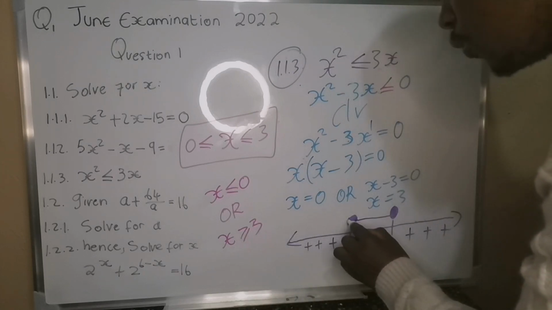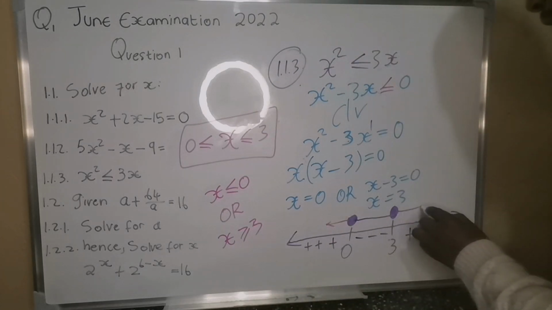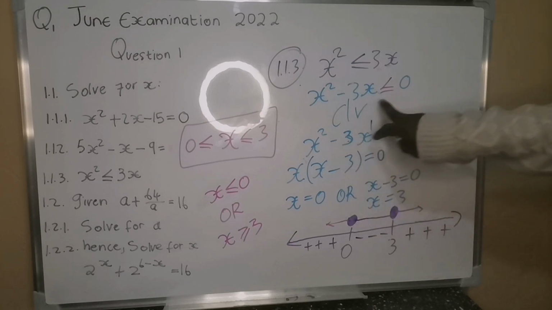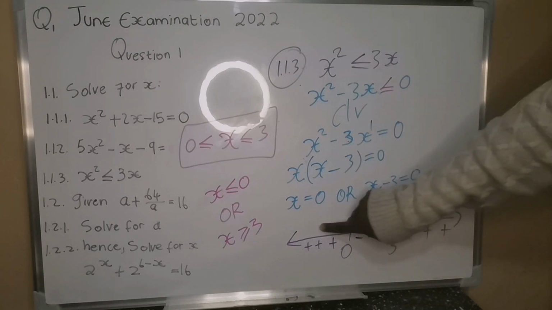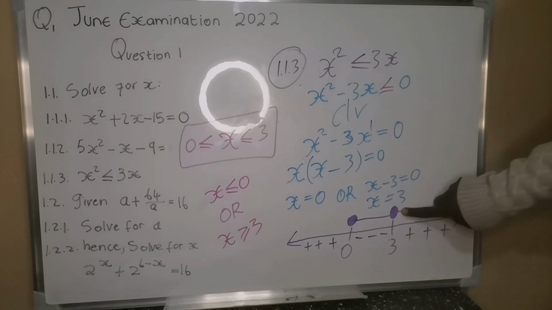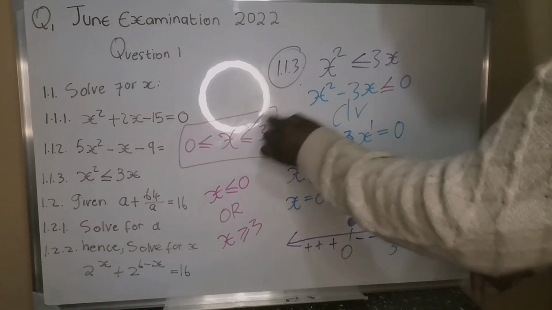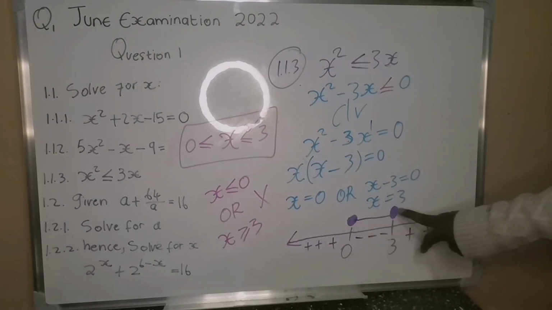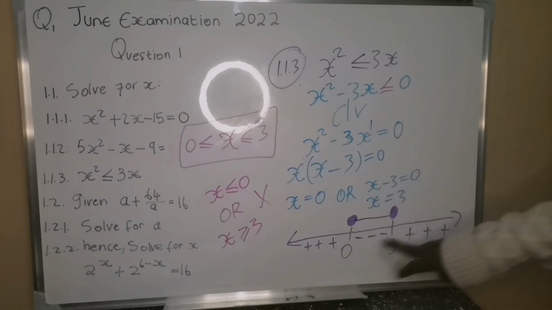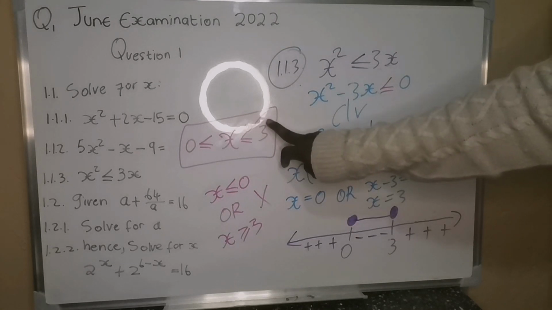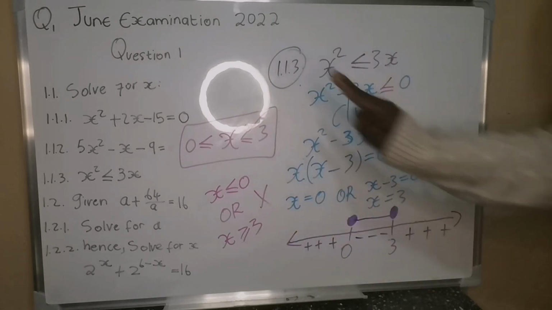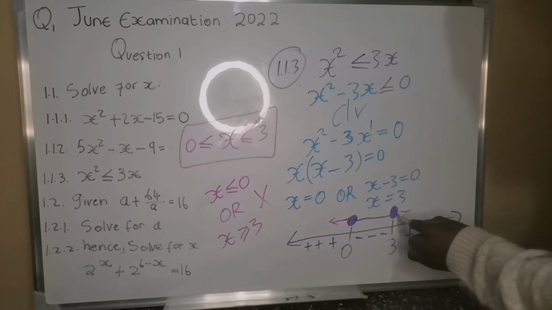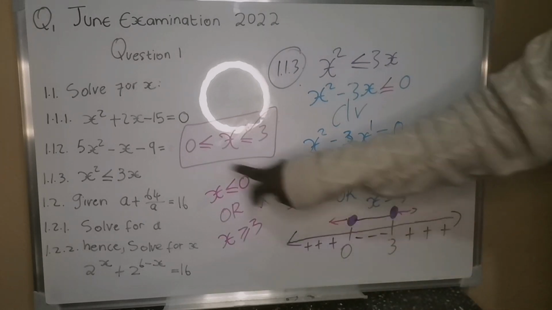If our arrows were looking like this, we leave it like that. The correct one is this one, not this one. You will get it wrong if you write it this way. If our interval is between 0 and 3, then you must write it this way, not this way. But if our arrows were sideways but not in the middle, then we'll just write it like this one.